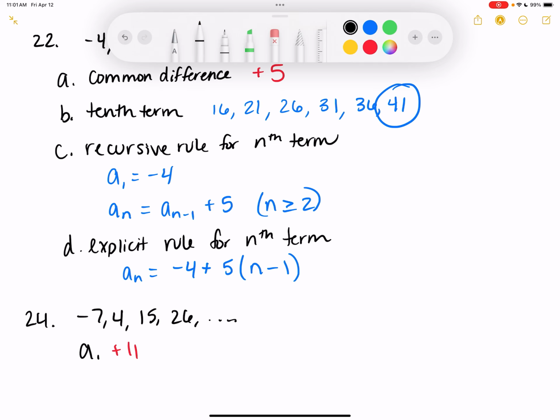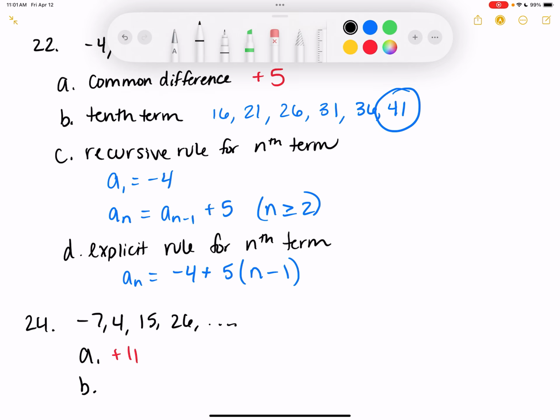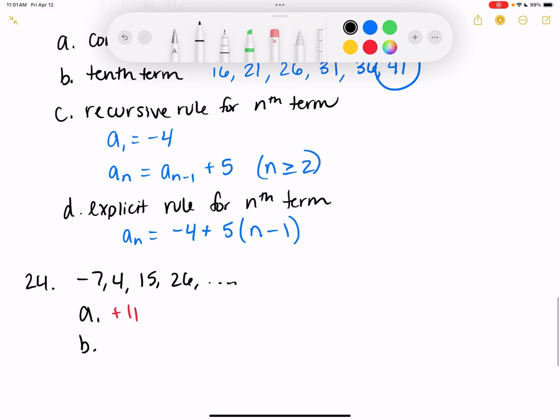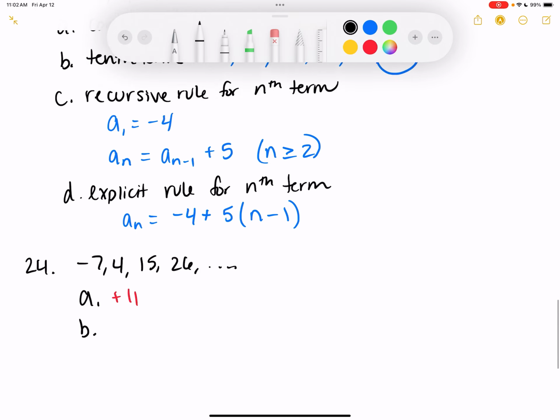So B, I want the 10th term. Let's do part B after we do C and D, so that we don't have to keep adding 11 every time.